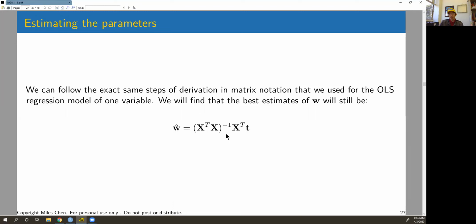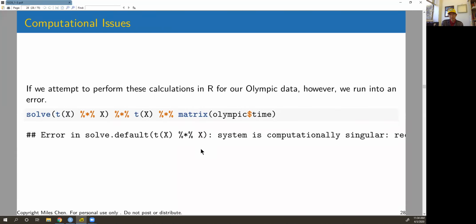W hat is X transpose X inverse X transpose T. It's just that our dimensions of X are now n by 3, T is still n by 1, and W hat is 3 by 1. Is that all right with you guys? Okay, great, thank you guys for those of you who are saying yes and letting me know.